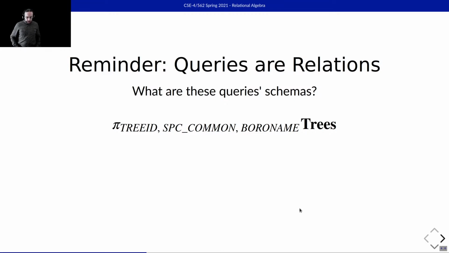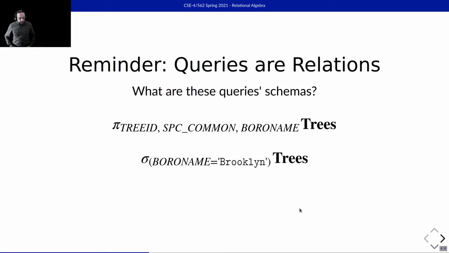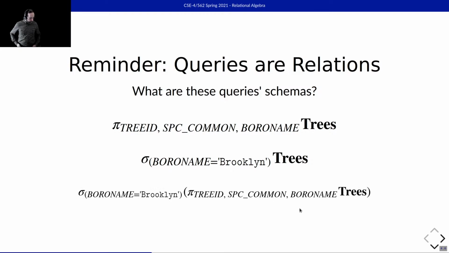And I'm going to hope by the time the stream catches up, someone will have answered. ID, tree name, city name, perfect. Here's another one. What about this one? And you know what? Let's cut down on lag. Here is another one.